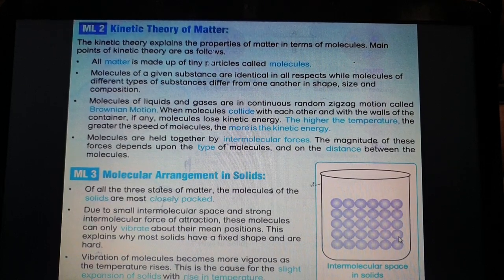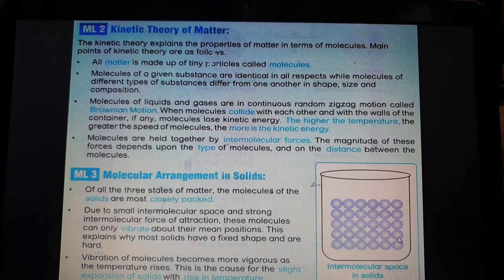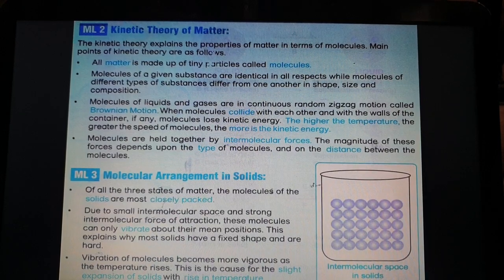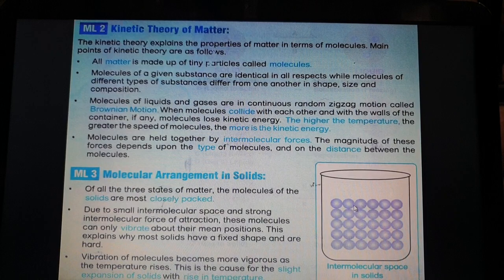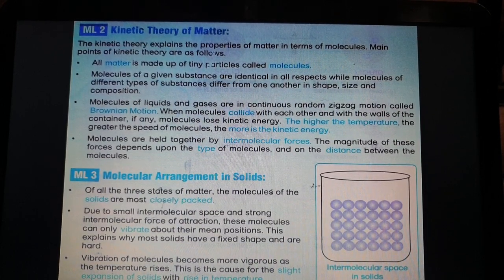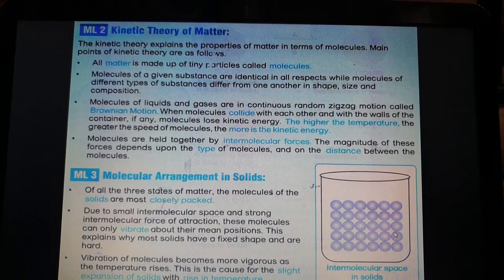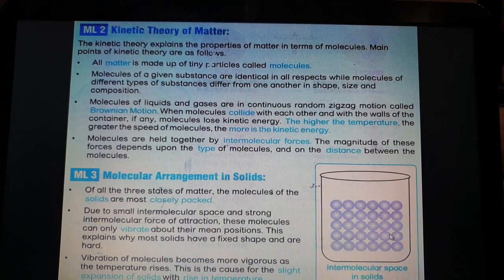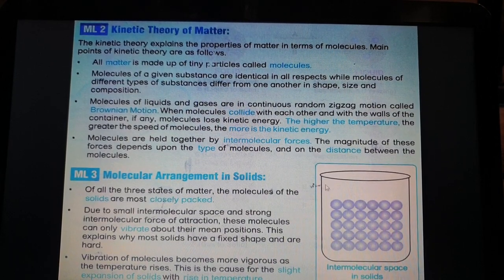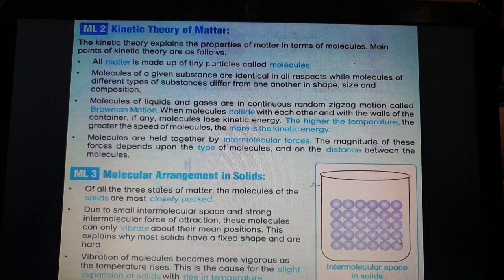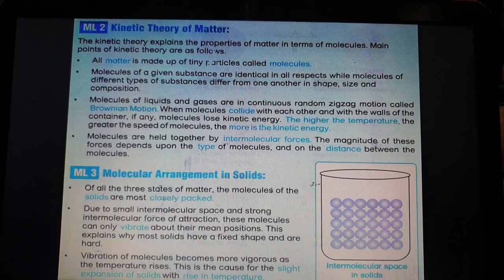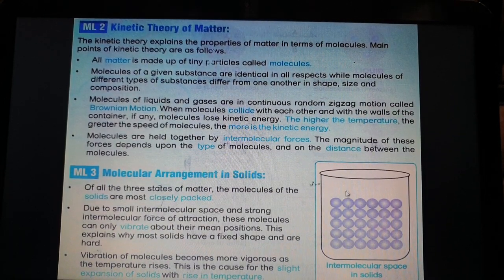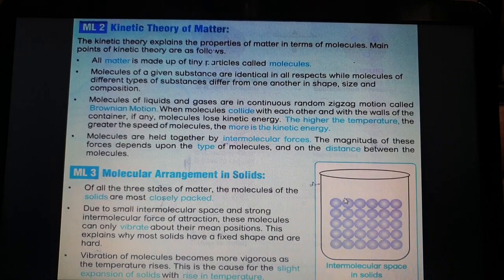If I take two or more matters, like a chalk piece, a pencil, or some other thing like paper, and I cut it, then the shape will change, the size will change, and the composition will differ: the paper will have some other molecules, the chalk will have some other molecules, and the pencil will have some other molecules.